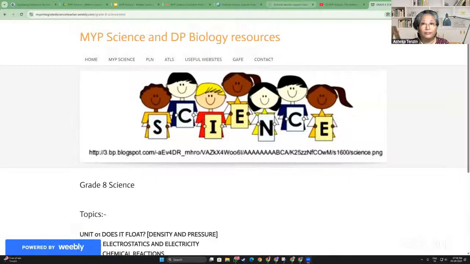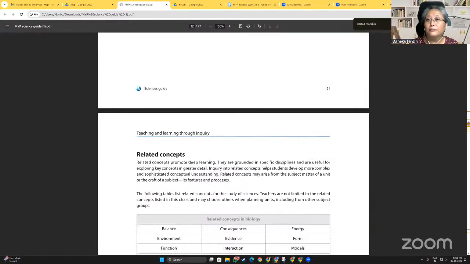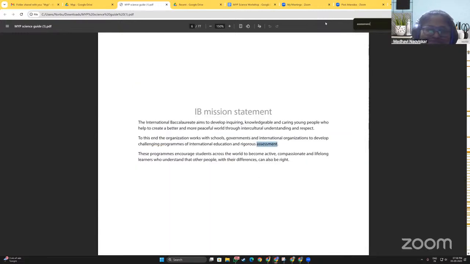Let me share. Should I share, ma'am? It's not here. Okay, subject guide. And now I'm able to, I was locked. I was not able to minimize my screen only. Is it working? Come on, show it.